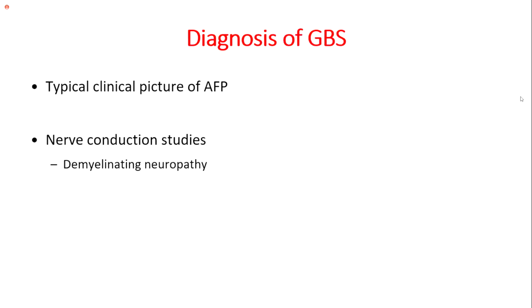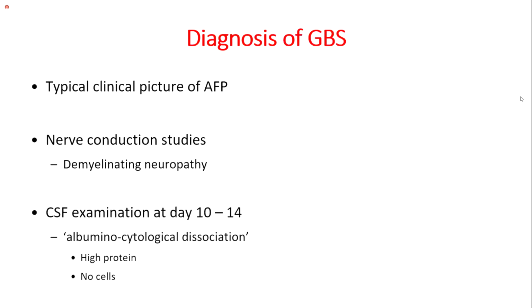Of course, the clever neurophysiologists have special ways in which they say the F wave is absent. This is consistent. They can't always say it's demyelinating. They say it's consistent with a demyelinating pathology. So they kind of try to support you, but they can't give a definitive diagnosis. So your definitive diagnosis always depends on your clinical impression. And that is why I spent so much time describing the clinical syndrome.